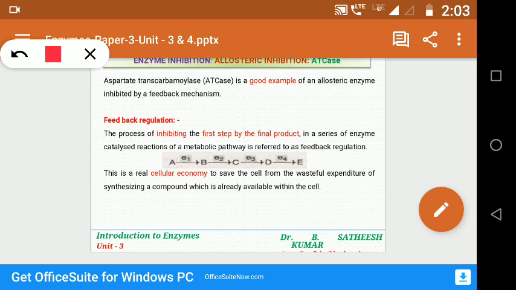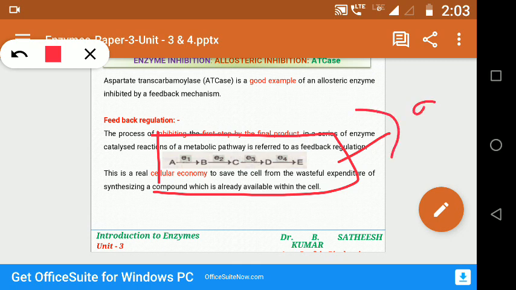Suppose this is a metabolic pathway, say for example for the synthesis of an amino acid. E is an amino acid, and this metabolic pathway is for the production of E from precursor A. So A is the precursor.